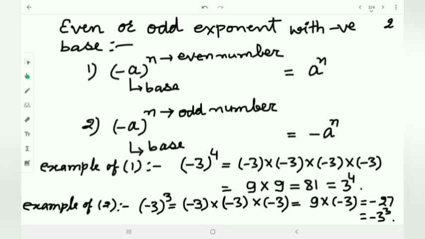It means when the exponent is odd with a negative base, we always get a negative integer. When you express this in exponent form, you will get minus 3 raised to the power 3, which is equal to minus a raised to the power n.